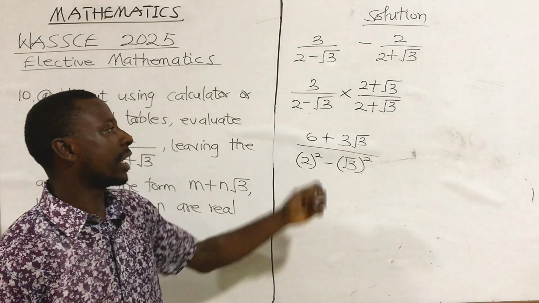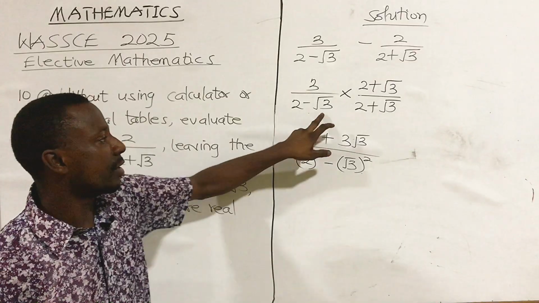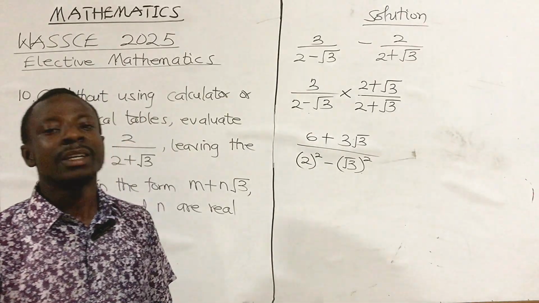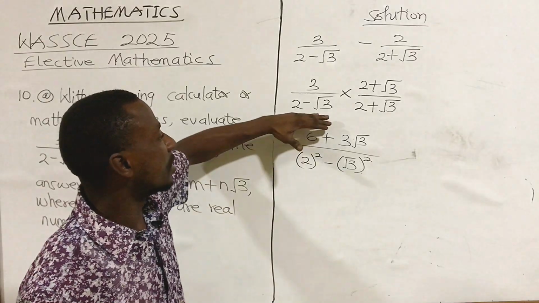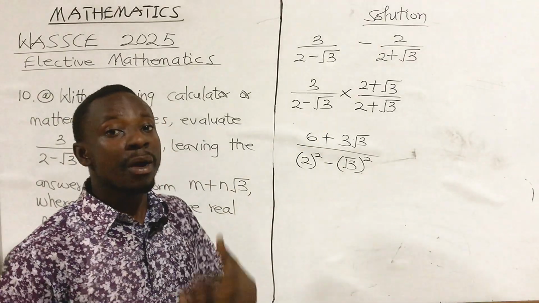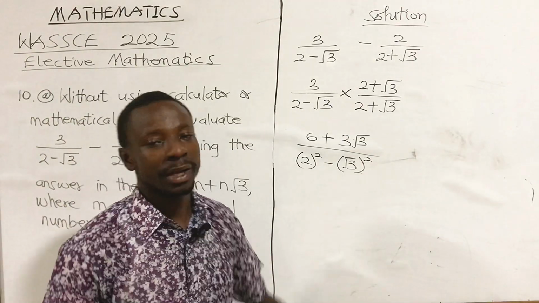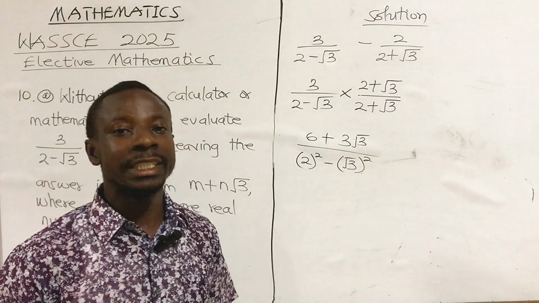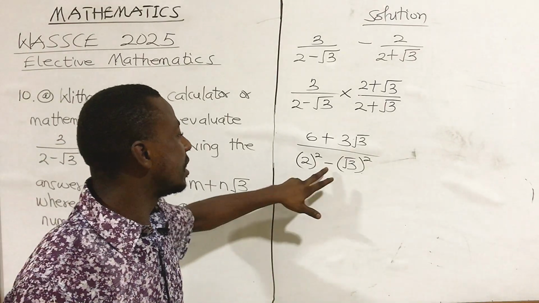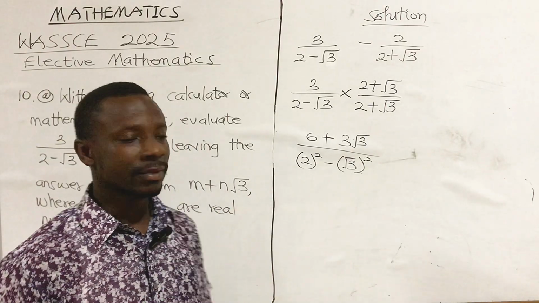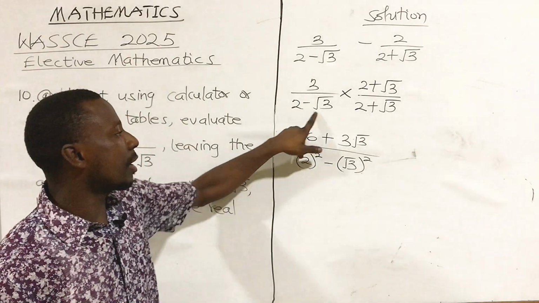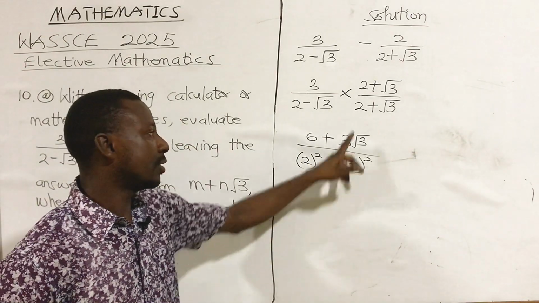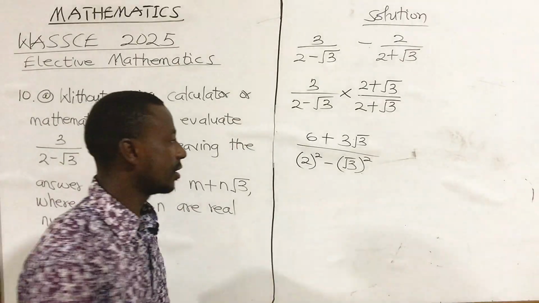Always pick the one with the negative, square the first term, then square the second term. This is because it is the same as 2 minus root 3 multiplying 2 plus root 3, from the idea of difference of two squares.